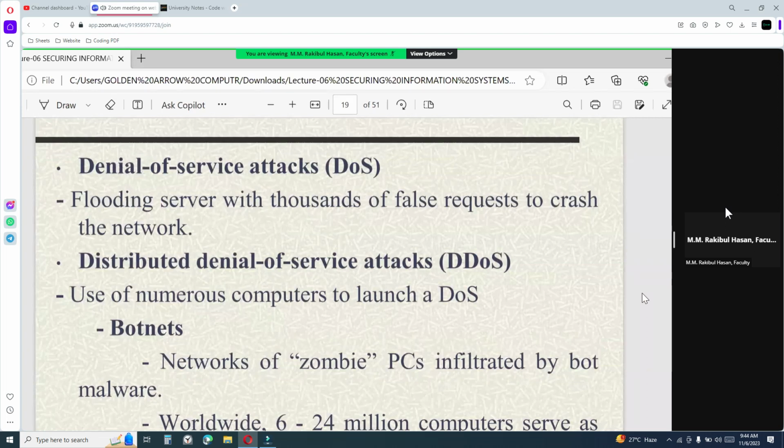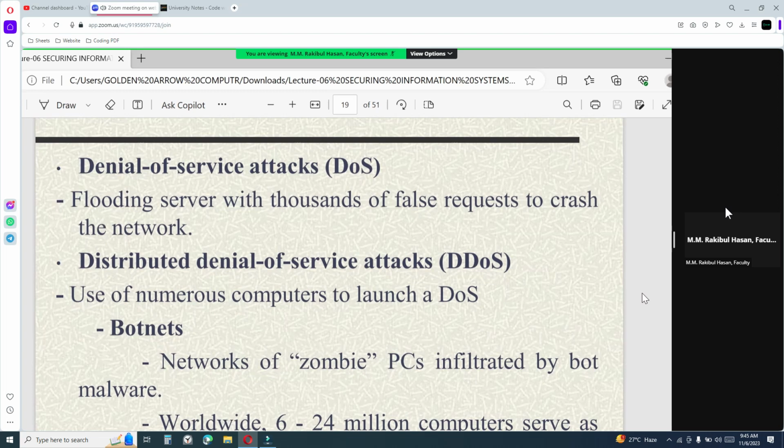By using a computer, they generate a huge amount of fake requests and send them to a server. When that server receives this huge amount of fake requests, the server becomes down or slow. That is the DOS attack, denial of service attack. And what is a distributed DOS attack or DDoS attack?